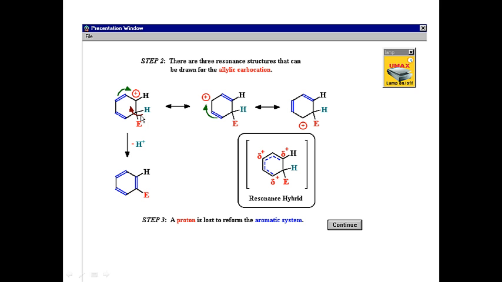And the way that's done is not by electrophilic addition, but by electrophilic aromatic substitution, where we simply lose the hydrogen that is attached to the carbon where I added my electrophile, and then I reform the ring. In essence, what I've done is I've substituted the electrophile for a hydrogen on the benzene ring. That's electrophilic aromatic substitution.